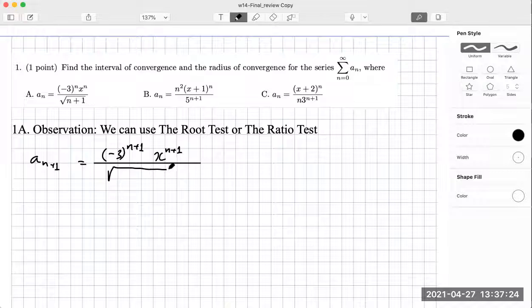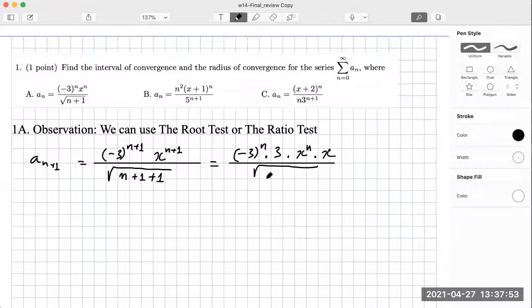And here, the radical sign of n plus 1 and then plus 1. Let us write it here as negative 3 to the n times 3 times x to the n times x here, over the radical of n plus 2.